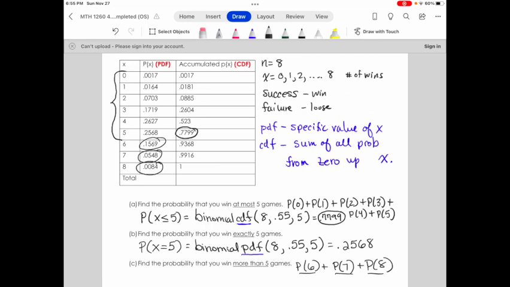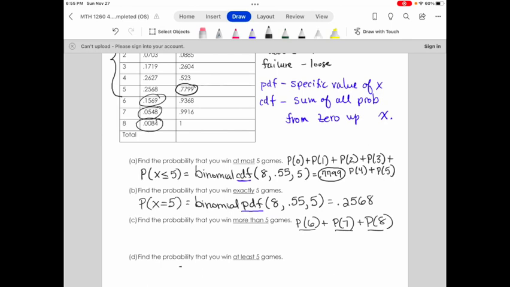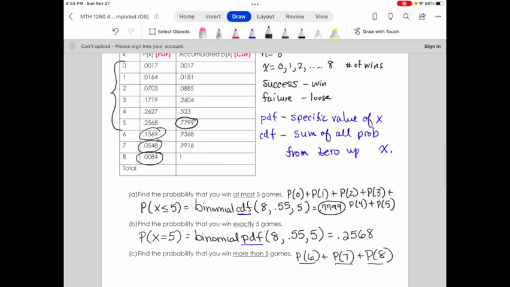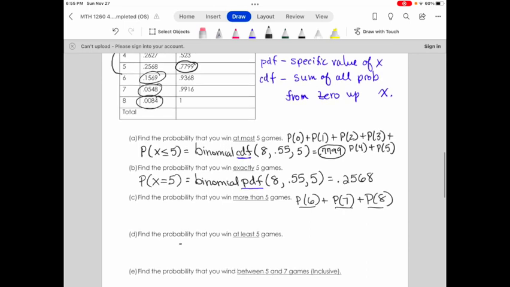And what's left over is going to be the sum of 6, 7, and 8, because in total it has to be equal to 1. So you could either do the binomial PDF 3 times and add those values together, or you could find from 0 to 5 what that value is, which is 0.7799. That's the CDF, and subtract it from 1.